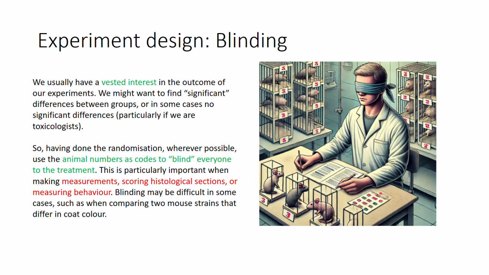Another thing that we have to consider when designing the experiments is blinding. So we are doing our experiments because we have a vested interest in the outcome of the experiments. We want to see some significant results in the treatments that we are designing.